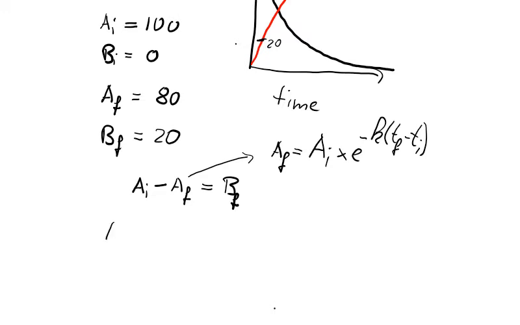And we have, let me write it in a different direction, B final equals A initial minus A initial e to the minus k times, and I just simply write T, that's T final minus T initial.